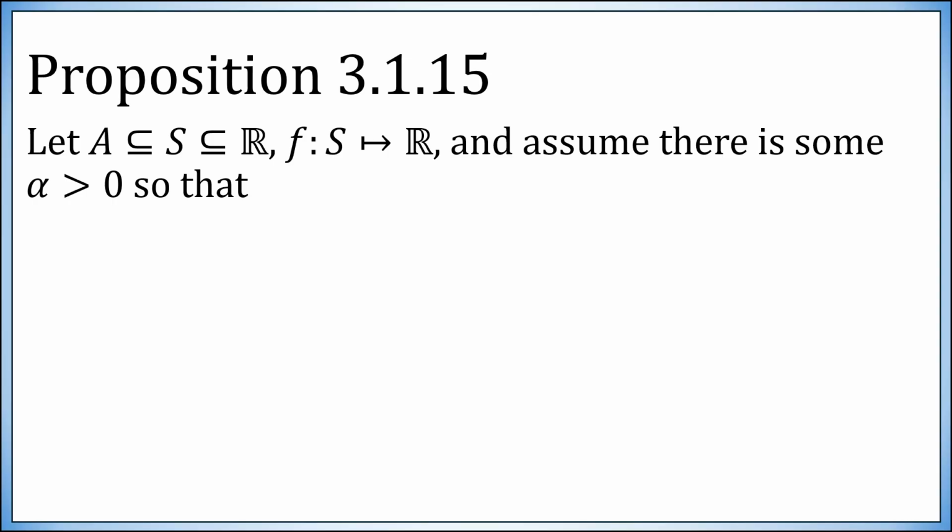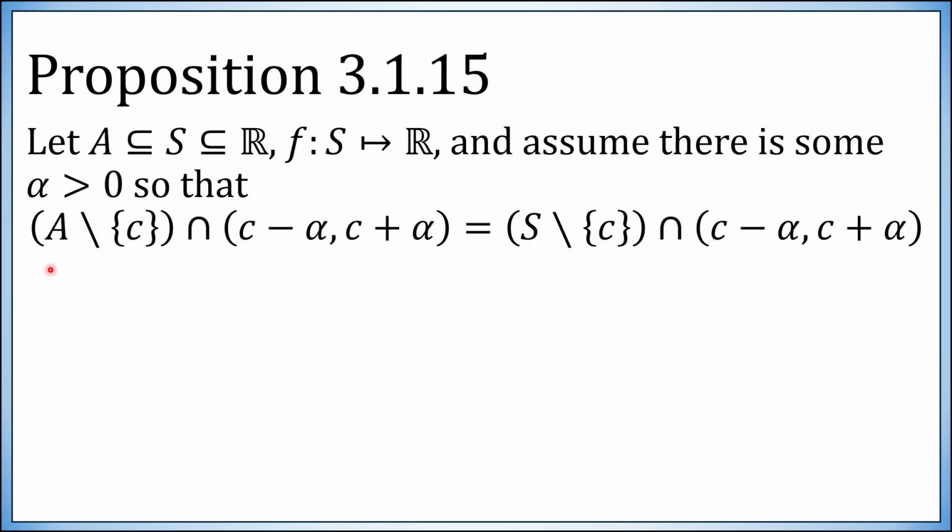So we're going to take a function mapping a set S to R. We're taking a subset A of S on which we're going to have our restricted function. Assume there is a positive alpha so that this is everything from A except for where we're going to take our limit, intersected with things pretty close to C. So this is an interval around C. So altogether, this left-hand side is everything in an interval around C that belongs to A and not equal to C. Assume that that is the same thing as everything within an interval around C that is in S but not equal to C. In other words, if you are within the interval from C minus alpha to C plus alpha, and you are not considering the point C, then the set A and the set S coincide.